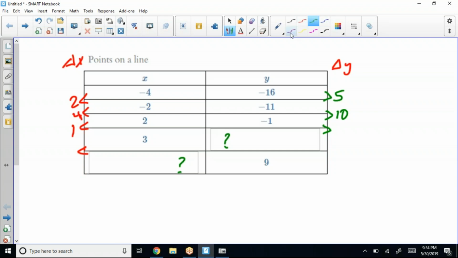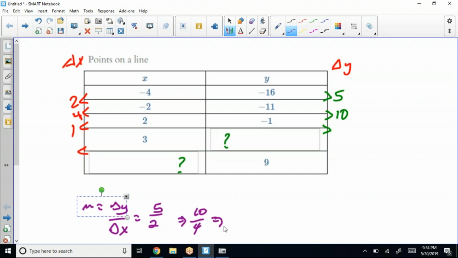The first thing that I would do: slope is change in Y over change in X. So that's 5 over 2, and then I have 10 over 4.